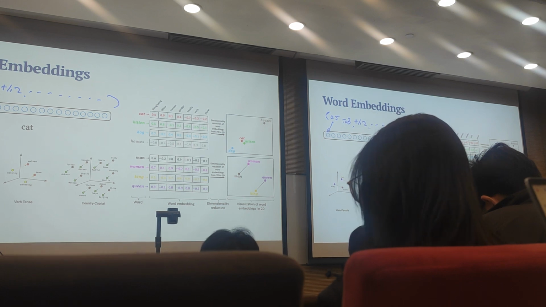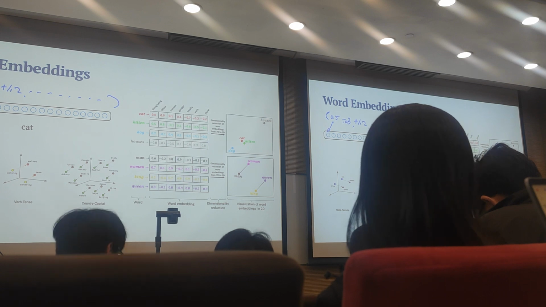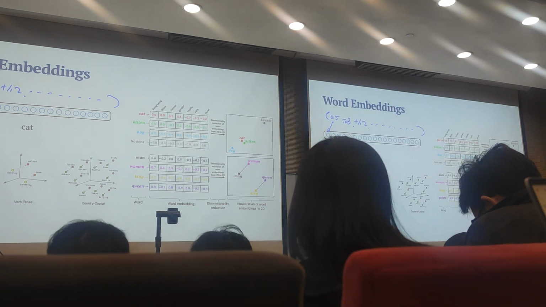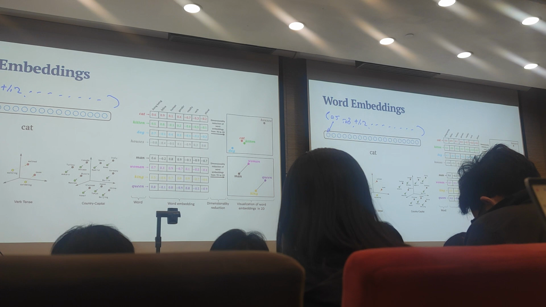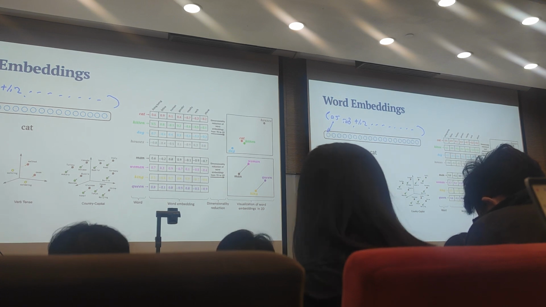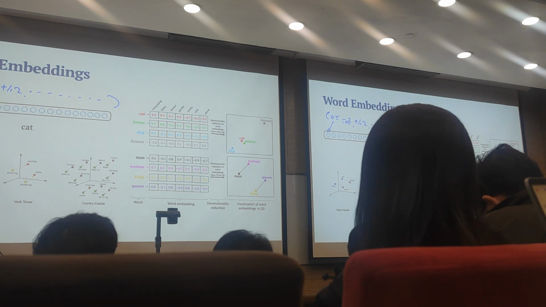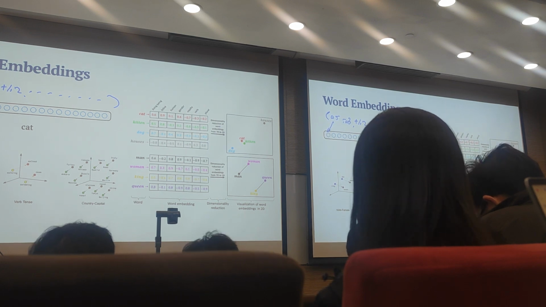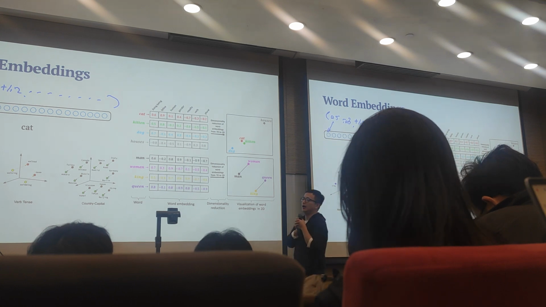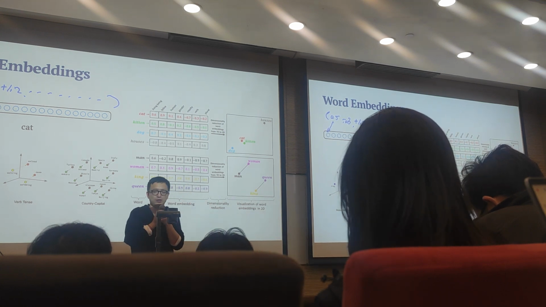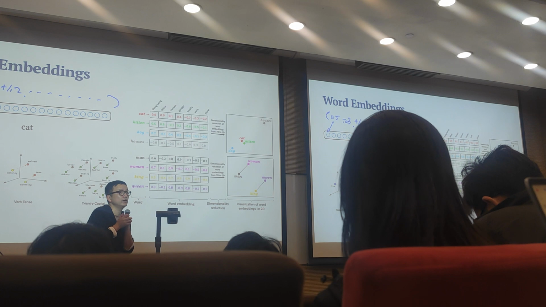So only the distance between these things matters. But sometimes you can tell stories about the dimensions, of course. But when you train such things, you actually don't know if each dimension means some kind of value for some attribute of this word. You actually don't know that. Okay? Questions?